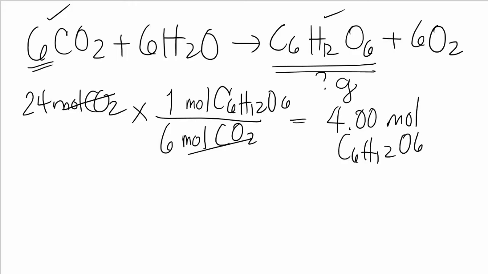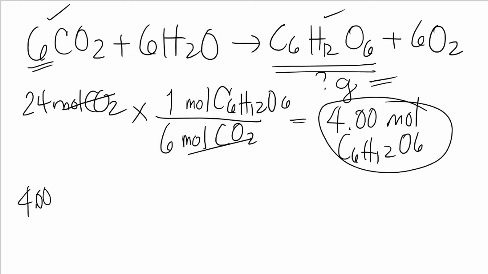So doing the math, we will have 4.00 mole of C6H12O6. Now, we're not yet done because we need to find the grams. So we will use this one. 4.00 mole of C6H12O6 is equivalent to ano nga yung ratio ang ating gagamitin. Hindi na natin gagamitin ng mole ratio. We will use the mole mass ratio.